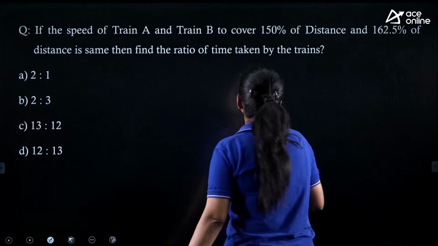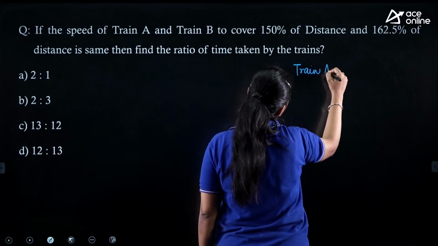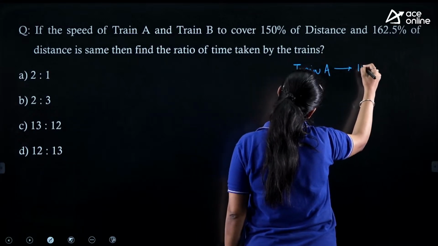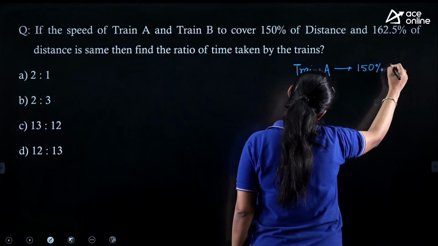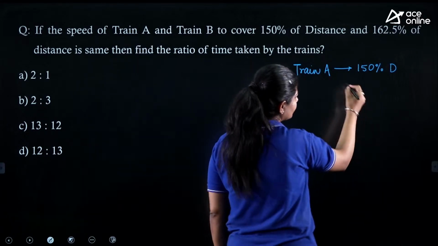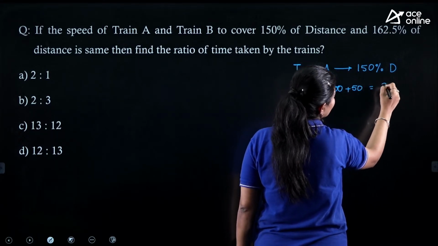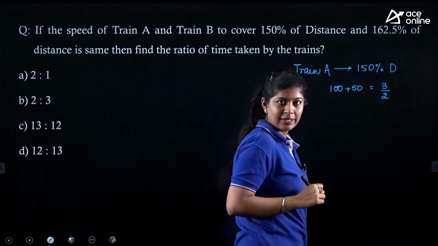Kavita. Let's see. So for train A, we have 150% of the distance, right? 150 can be written as 100 plus 50, which is 3 by 2 as a fraction.